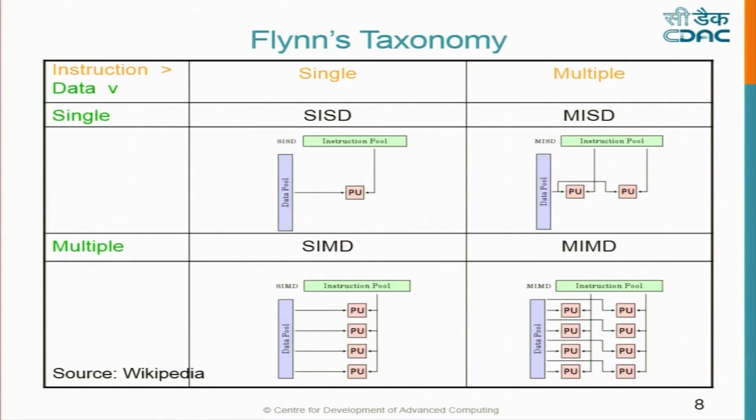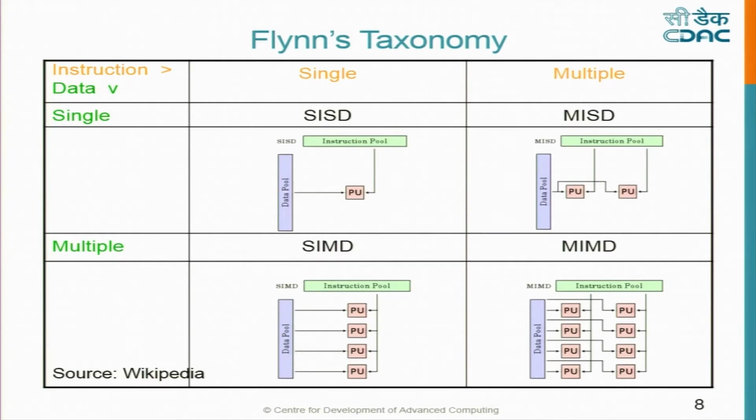Here you see that there is only one data path and only one processor. So a single data stream is operated upon by a single stream of instructions, or the data is the same but there are multiple processing units. I will explain each one of them in the subsequent slide.